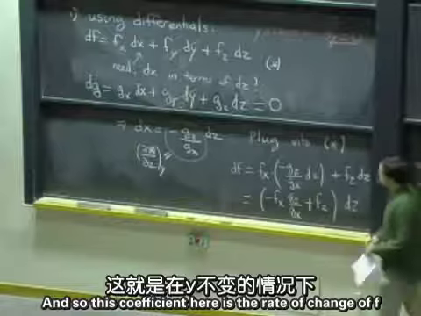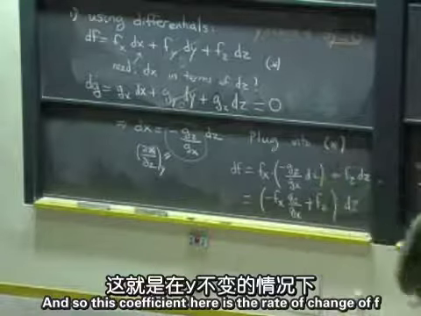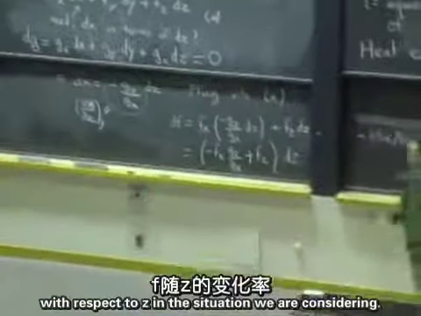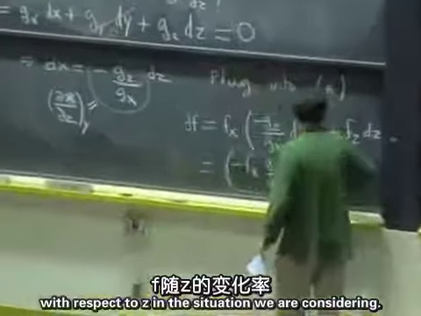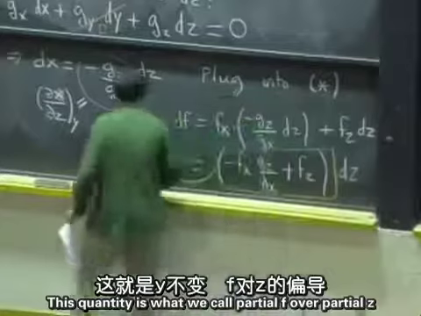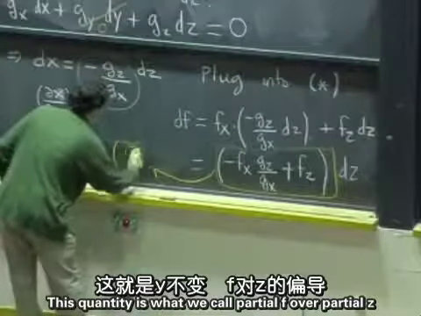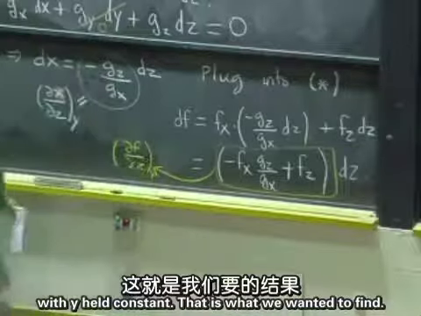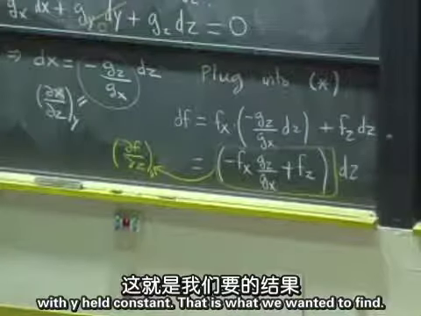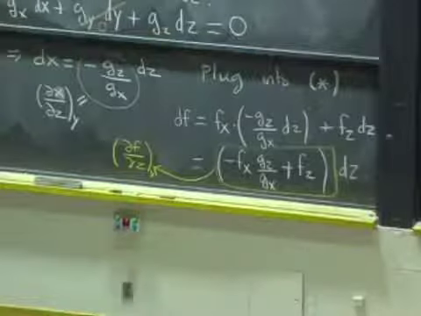And so this coefficient here is the rate of change of f with respect to z in the situation we are considering. So this quantity is what we call partial f over partial z with y held constant. That's what we wanted to find.